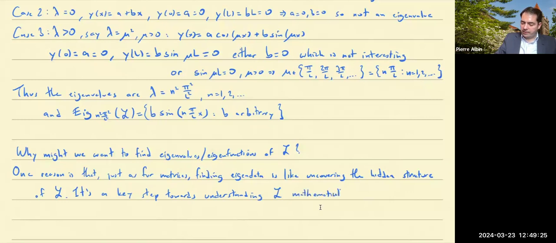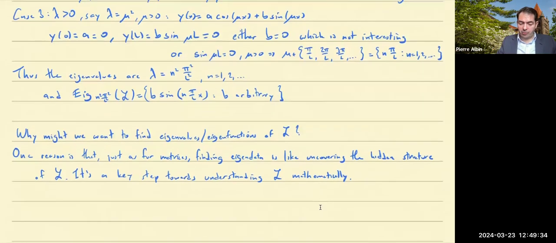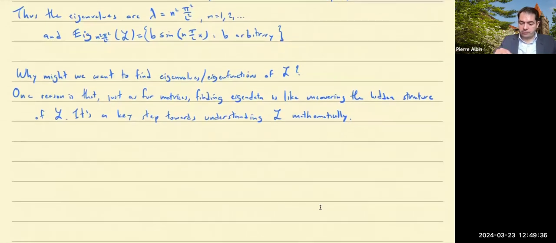There's a whole part of math called spectral theory that's devoted to understanding eigendata. The eigendata is usually referred to as the spectrum of the operator, a term introduced by Newton when he was studying the way light is split by a prism.